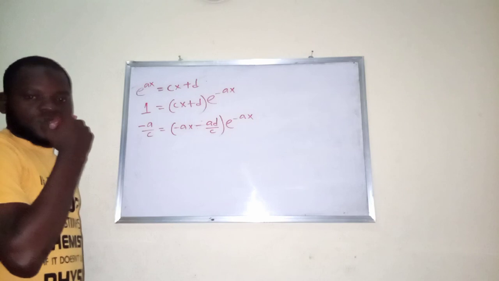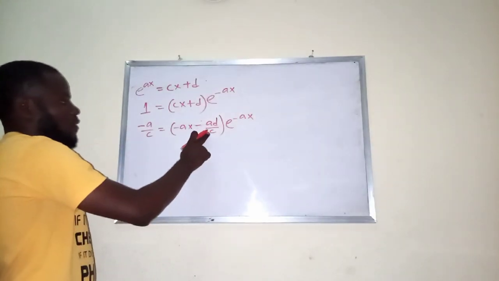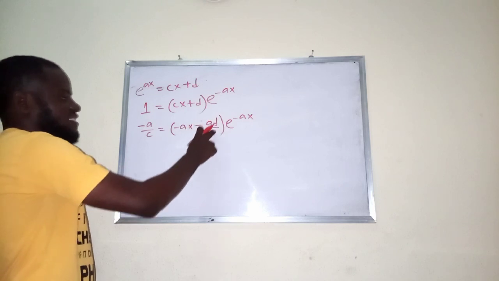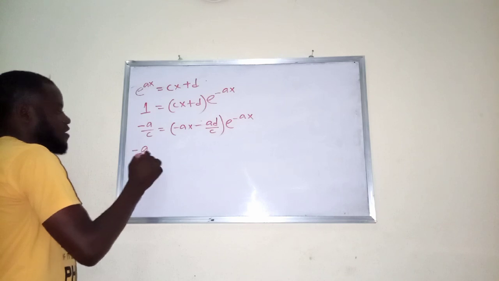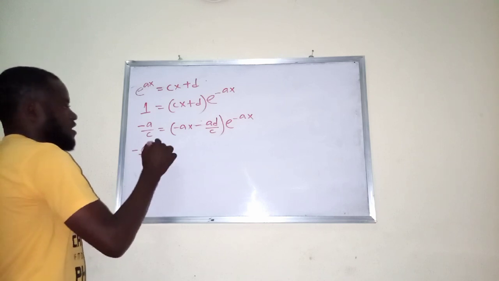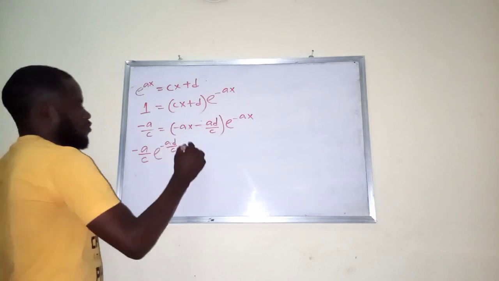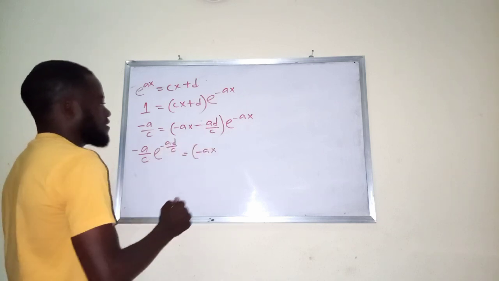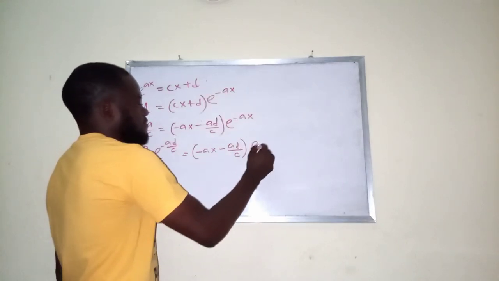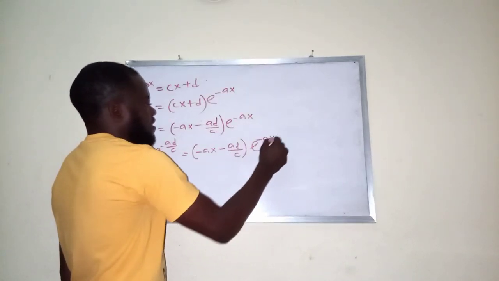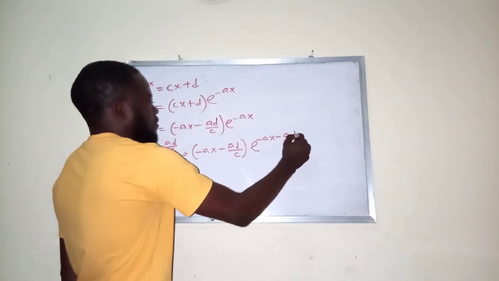So what I'm going to do next is to multiply both sides by e to the power of negative ad over c. So this will become negative a over c times e to the power of negative ad over c to equal negative ax minus ad all over c times e to the power of negative ax minus ad over c.